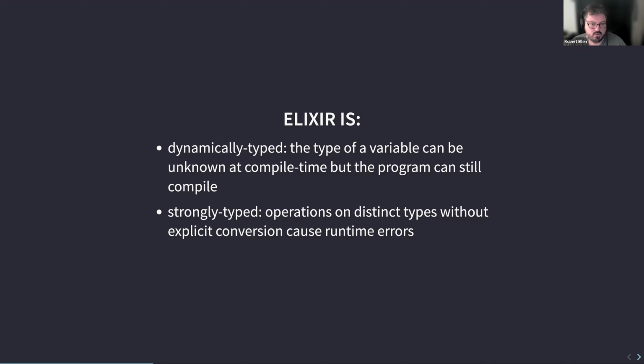We don't strictly know at compile time the type of all the values in our program. Elixir is also strongly typed, so we can't coerce values. When it comes to type checking, we're really concerned with whether a language is dynamically typed or statically typed, and Elixir, like Erlang, is firmly in the dynamically typed camp as it stands.